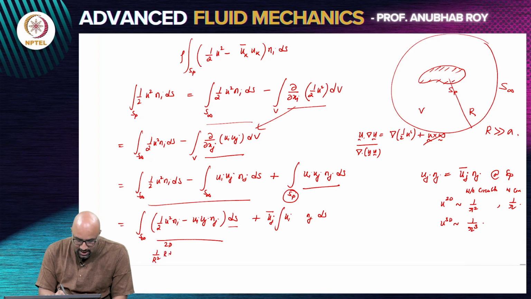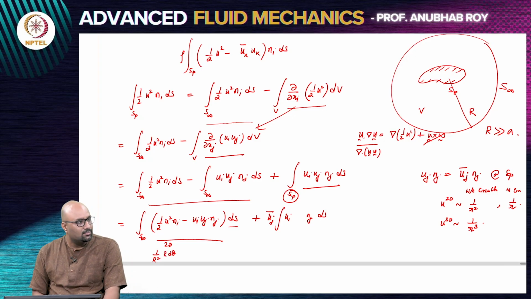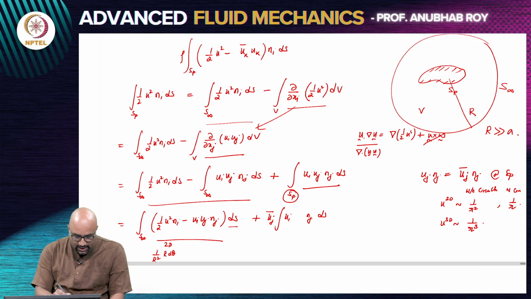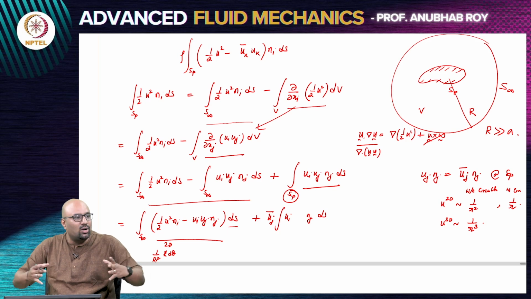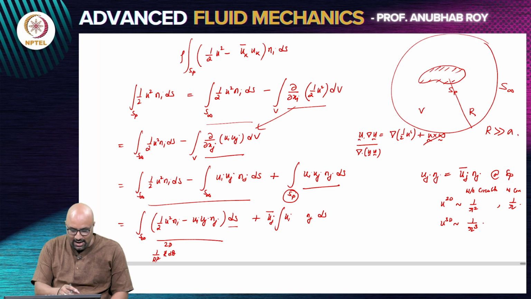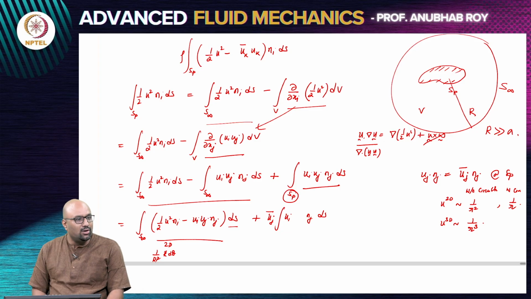So, that will go as r dθ. So, that integral in that particular case will decay as 1 by capital R in 2D, and so it will vanish. As you keep taking that S infinity to larger and larger distances, the first integral is going to vanish in 2D as 1 by the size of that outer region.